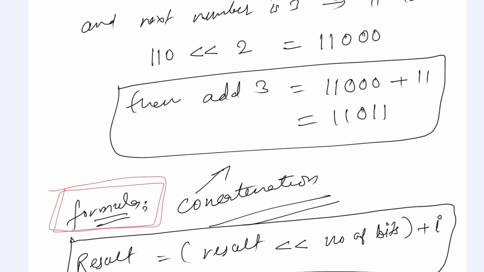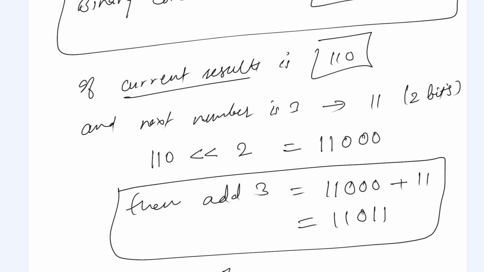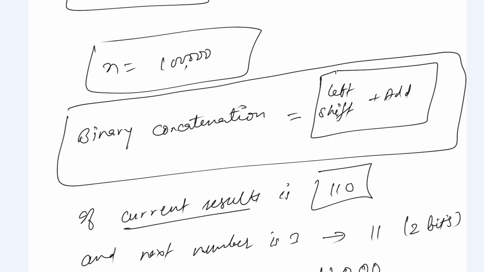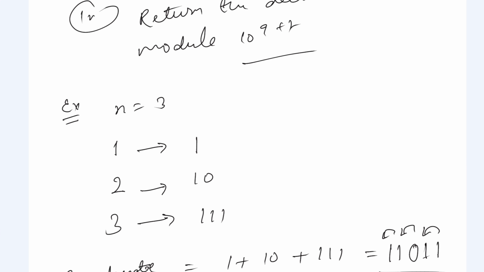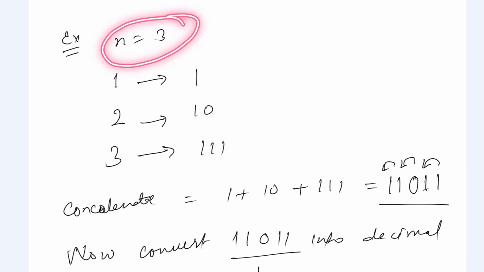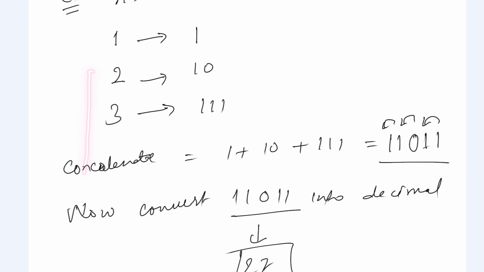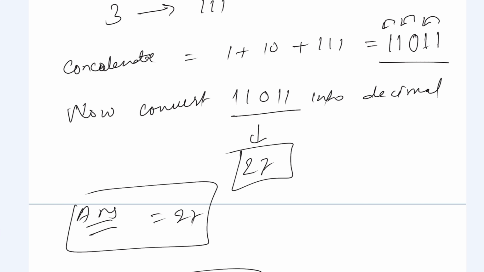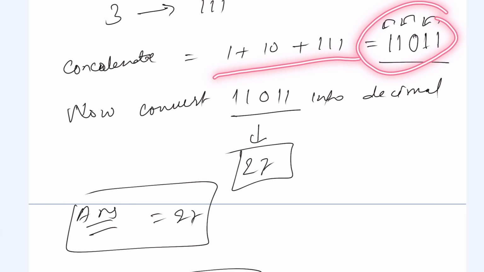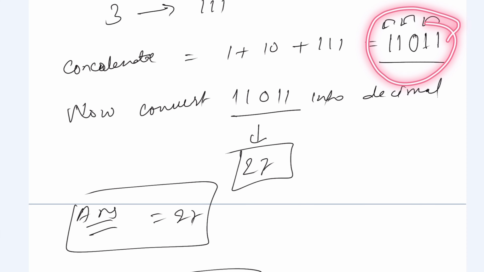Okay guys, let me explain it again. From where we started: if n is given, we take the numbers from 1 to n, convert them into binary, and concatenate them.